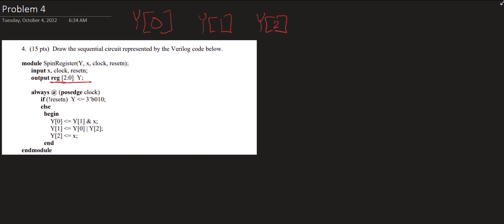So now, always at positive edge clock, if not reset in.